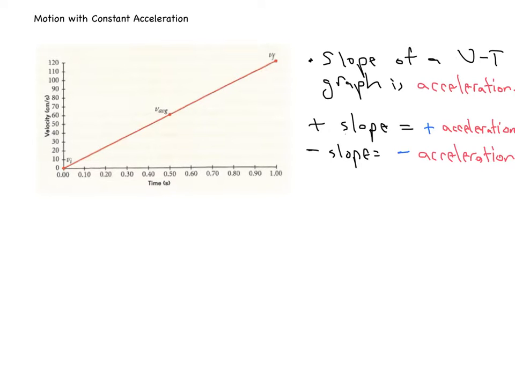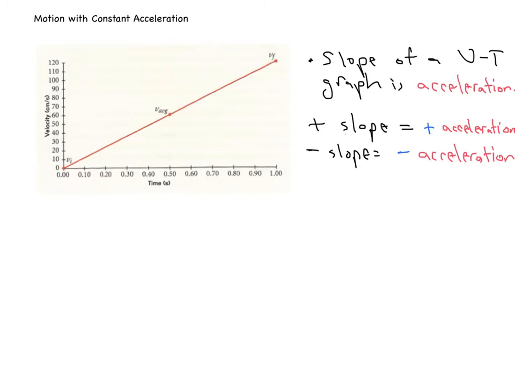So looking at this graph, we see that the object starts at zero velocity at 0 seconds, and continues to increase its speed, at which point at 1 second it's at 120. And so we can find the average velocity of a constant acceleration situation by finding the halfway point. So the average velocity isn't 120 or 0, it's 60, which is right in between.